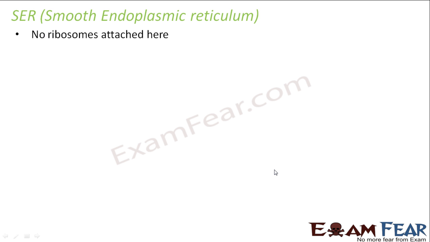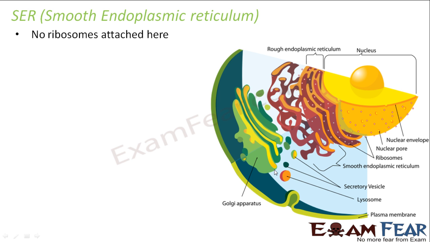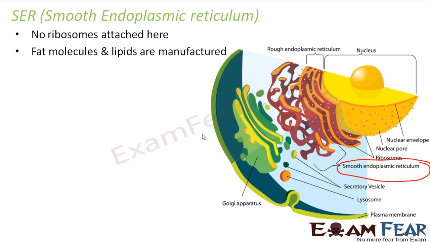Let us now talk about smooth endoplasmic reticulum. No ribosomes are attached here. Okay, so where is the smooth endoplasmic reticulum? This portion, these structures, they are the smooth endoplasmic reticulum, so they do not have any ribosomes. Fat molecules and lipids are manufactured here. Now fat molecules and lipids, can you guess how will they help the cell?